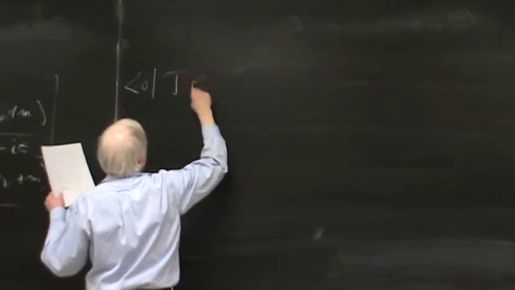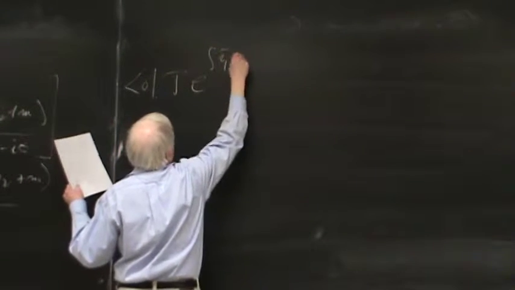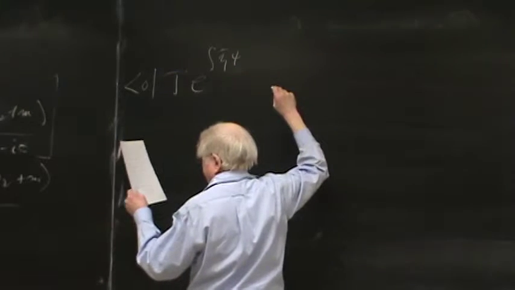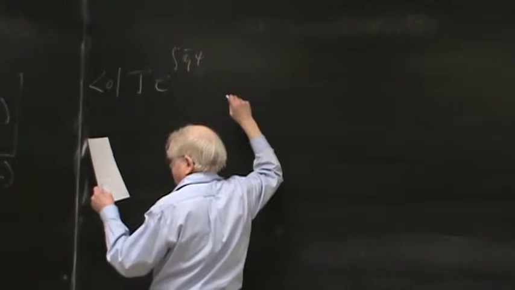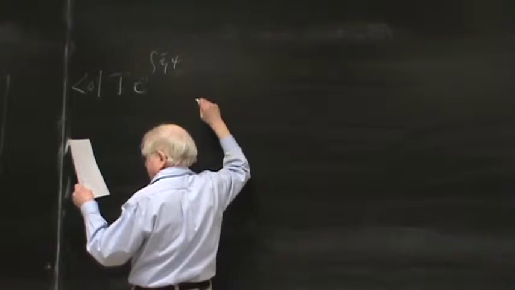We get the time-ordered product then will be the integral zeta bar psi. Well, that's why I switched to psi. That's what I wrote in these notes.